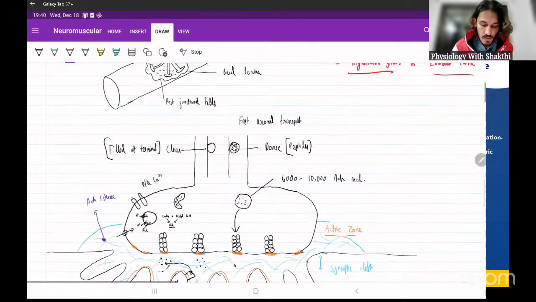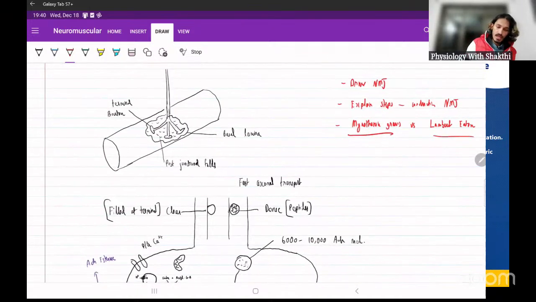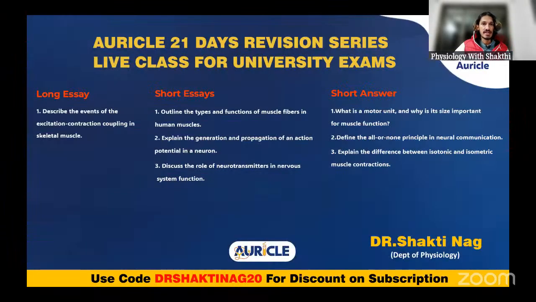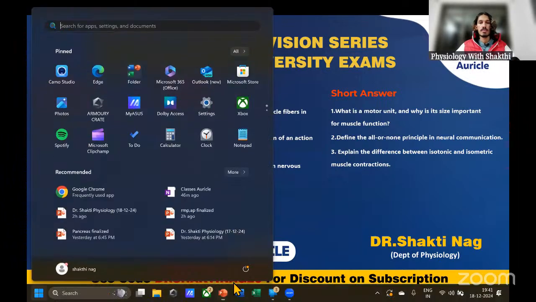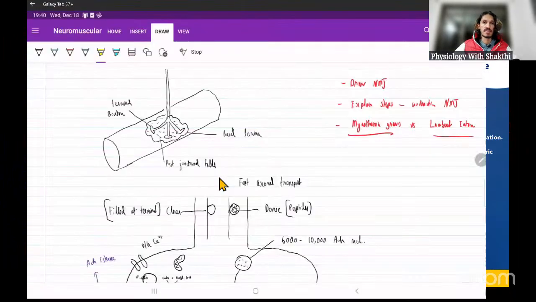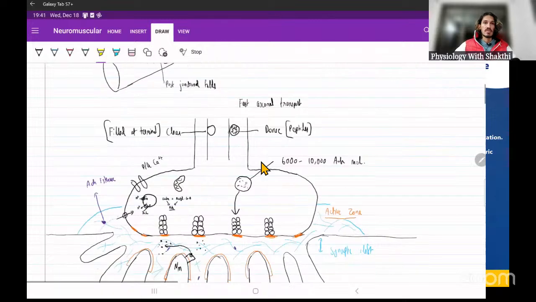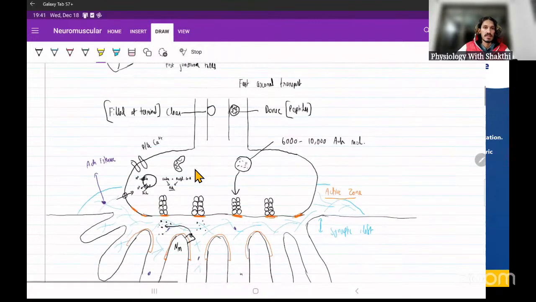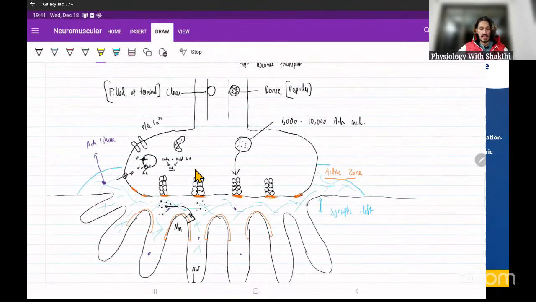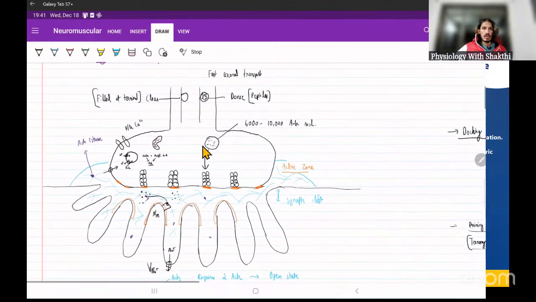Okay, so you can see here, nerve terminal bottoms, basal lamina, and it is going out into the postjunctional folds. Now this is where you have to draw it like this. You draw the terminal here, and the postsynaptic terminal thrown into multiple folds like this.